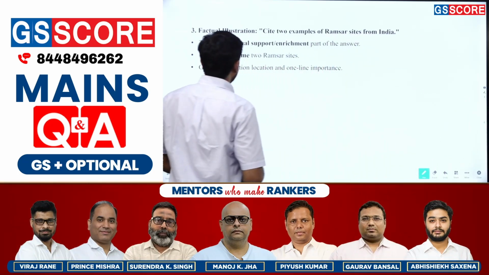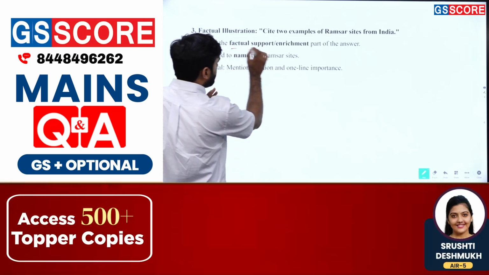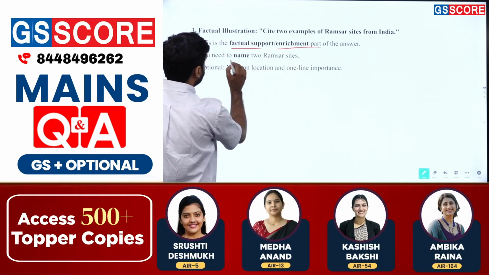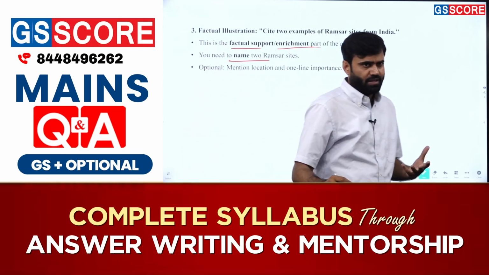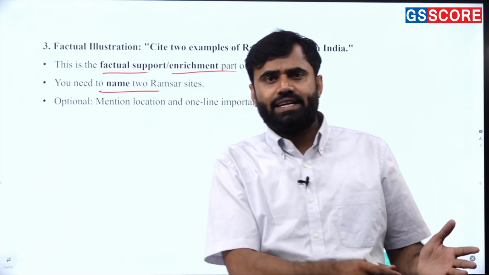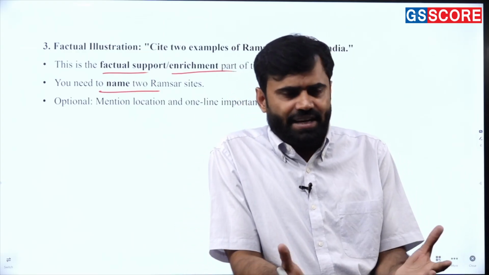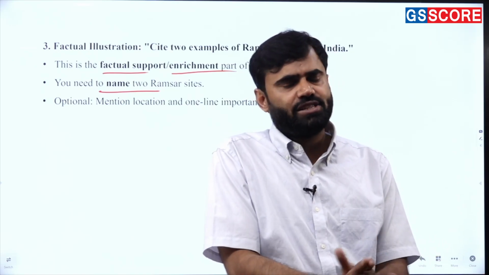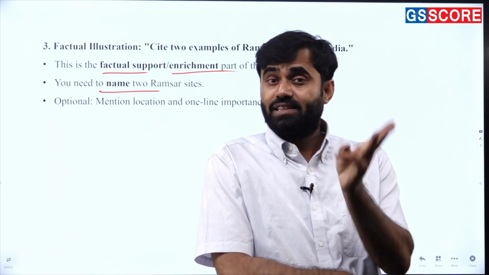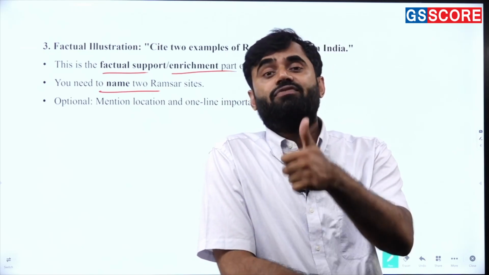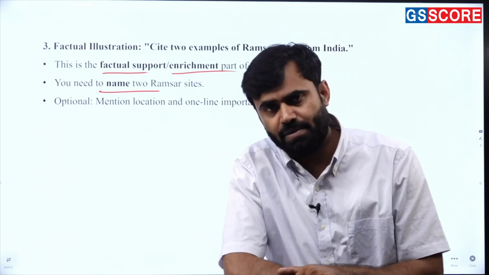Cite two examples means this is the factual support and enrichment part of the answer, and you need to name two Ramsar sites. You can take any. So on one side the question is talking about your definition, clear and technical, the second part is talking about conceptual analysis, and the third part is talking about factual information. Getting my points?